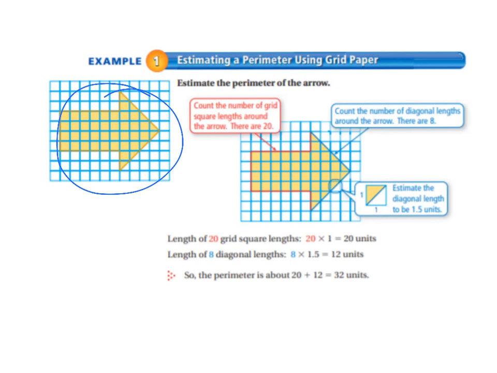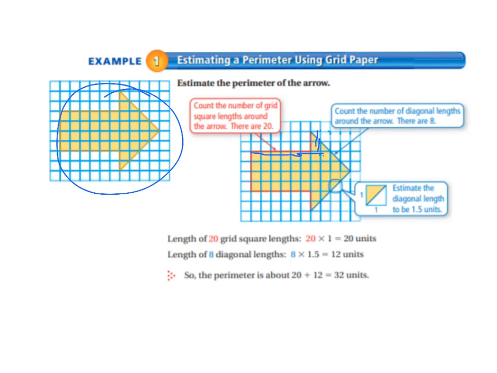So if we start at the end here on one of the points, we've got 2 spaces, 1 and 2, and then we go from there down to the end of the arrow, and I'm sorry, my line is not right on their line, but we count 1, 2, 3, 4, 5, 6.